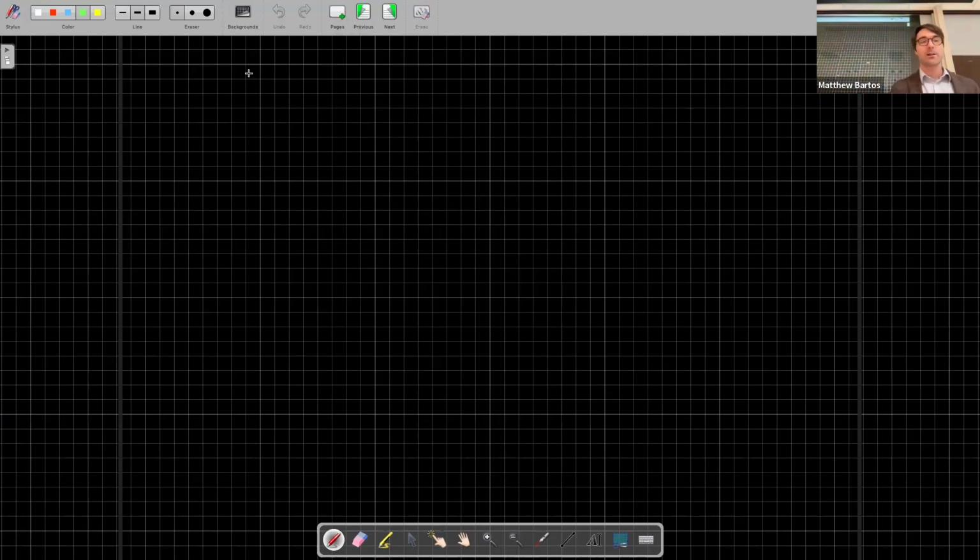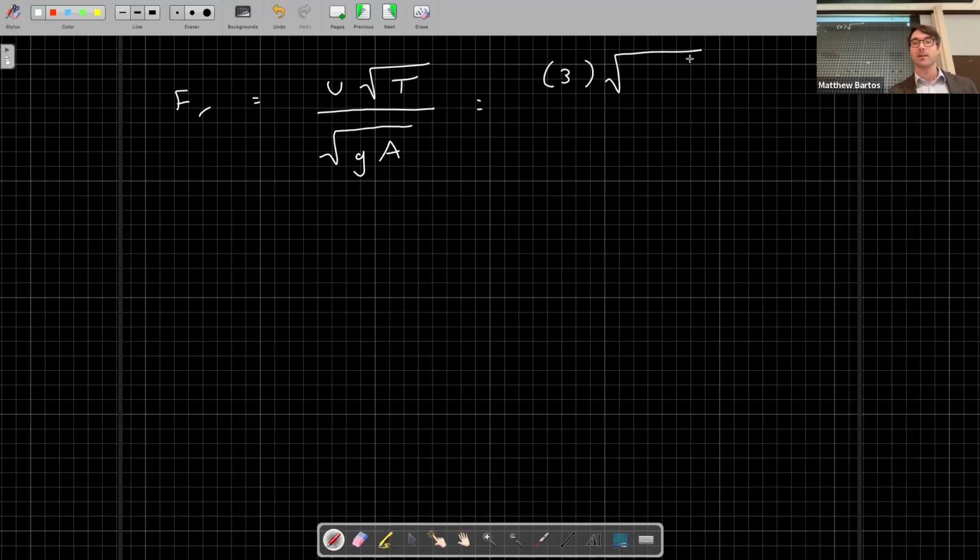For this problem, the Froude number is equal to the velocity times the square root of the top width divided by the square root of acceleration due to gravity times the cross-sectional area. We know that the velocity is 3 meters per second. The top width is 3 meters. This is a rectangular channel.